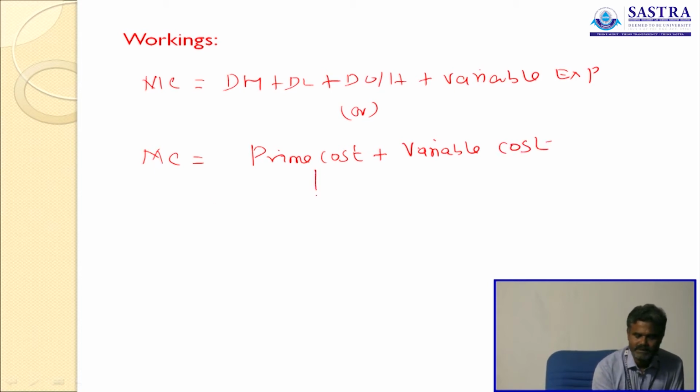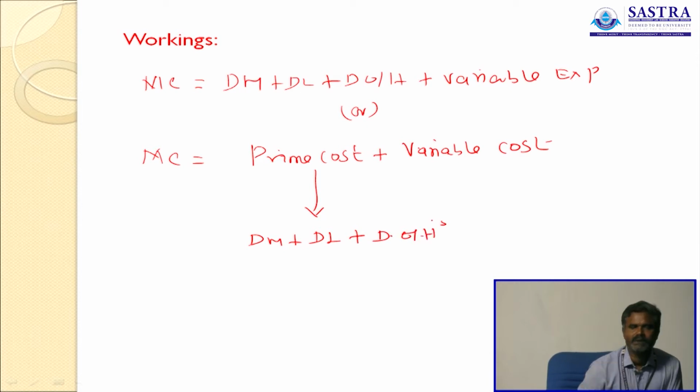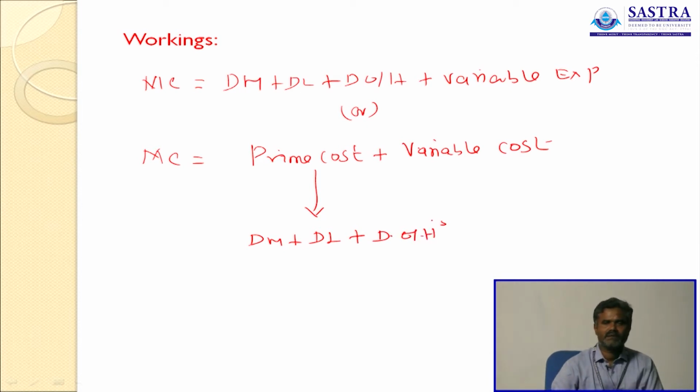Here prime cost is nothing but direct material plus direct labor plus direct overheads. So these are the two formulas you have to use to find the marginal cost.